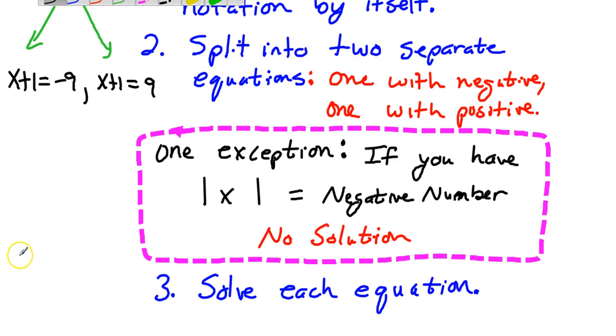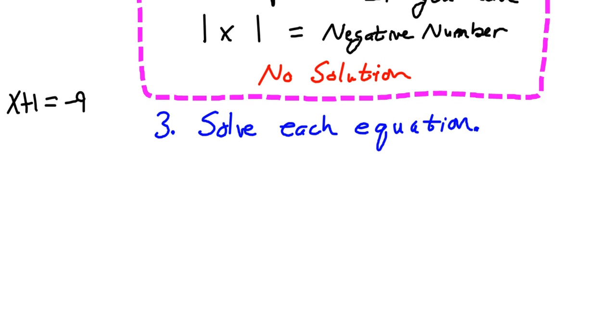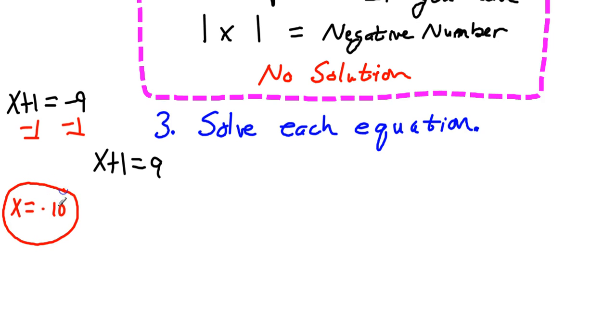So we're going to do x plus 1 equals negative 9, and then x plus 1 equals positive 9. For this one, we'll subtract 1, so x would equal negative 10. When we solve this one, we'll do the same thing. We'll subtract 1, so x would equal 8.